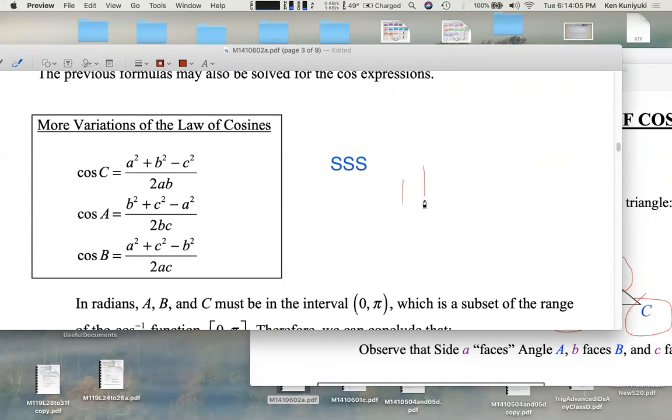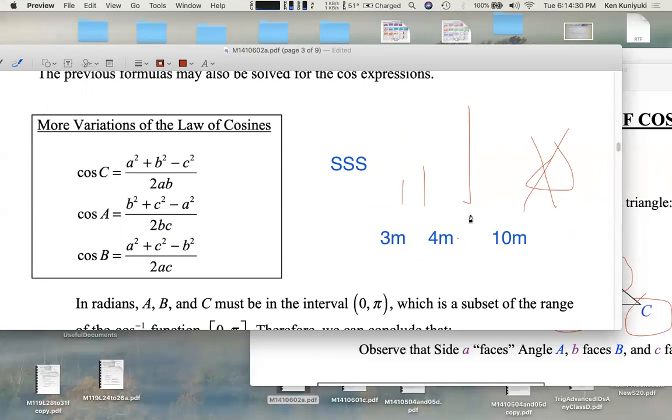If I give you 3 pickup sticks, one is 3 meters long, one is 4 meters long, and one is 10 meters long. Can you form a triangle where you put these pickup sticks corner to corner? Nope, you cannot get a triangle because you're going to fail the triangle inequality.